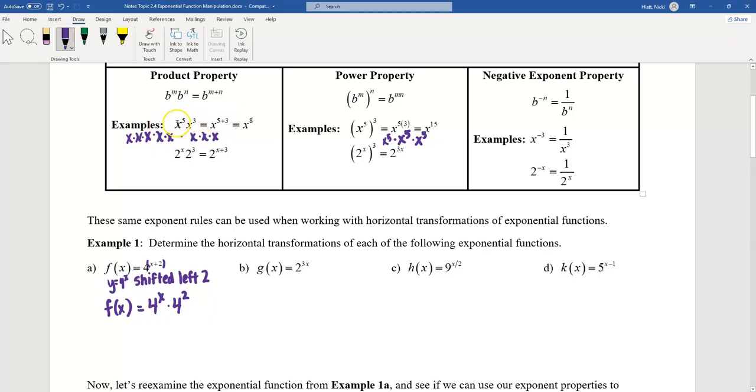Instead of saying that we've got x to the fifth times x to the third, we're saying, oh, I've got x to the eighth, let me break that back apart into x to the fifth times x to the third, right? So since I got these two things added, I'm just breaking that back apart. Now, 4 to the x has to stay like it is, but what is 4 squared? 16, right? So now I've got 4 to the x times 16. And if I want, and I do, I could rewrite that as 16 times 4 to the x.